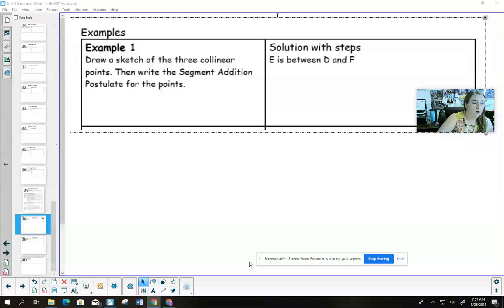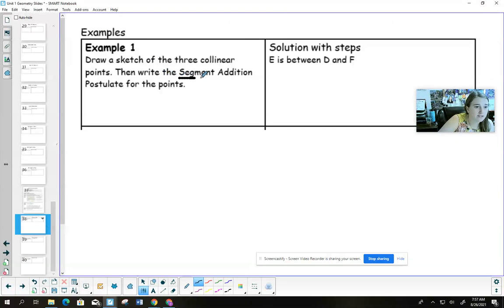So with example 1, in the vocab, we talked about the segment addition postulate. This sounds really fancy, but it's very obvious. Basically, if I have two segments, one segment plus the other segment, if I put them end to end, equals the length of the whole segment.